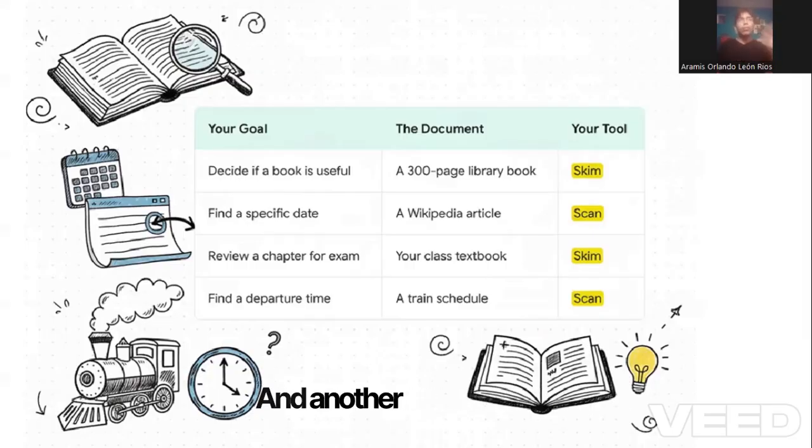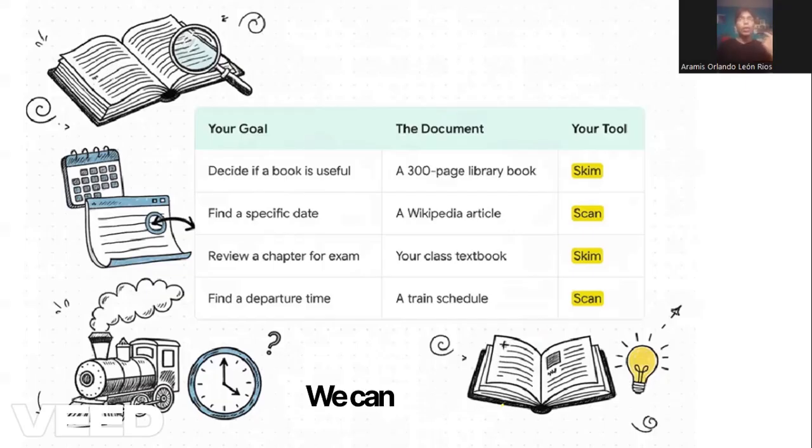And another example: find a specific date, and a wiki article is the document in this case, like an article on Wikipedia. We can use scanning. In another case, we will use skimming. It depends on the context and what you are looking for. And the third goal in our daily life: review a chapter for an exam. We have our class textbooks as a document, and we can use skimming.